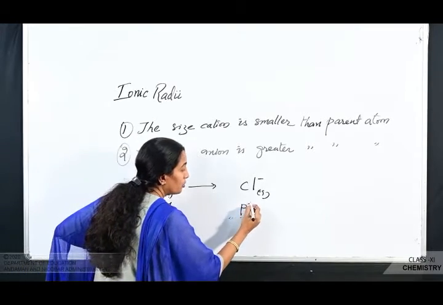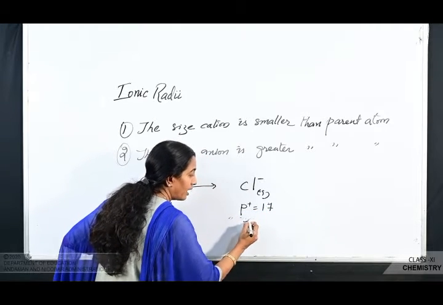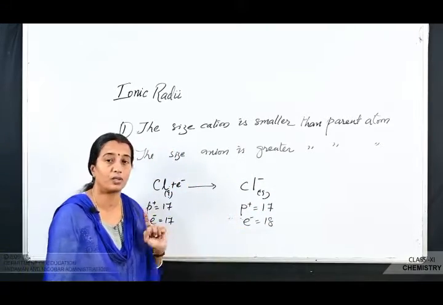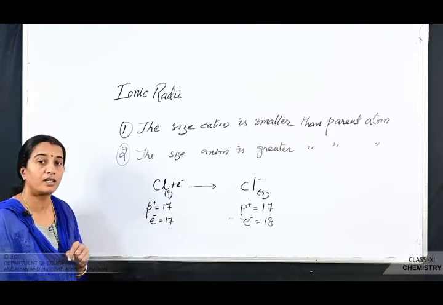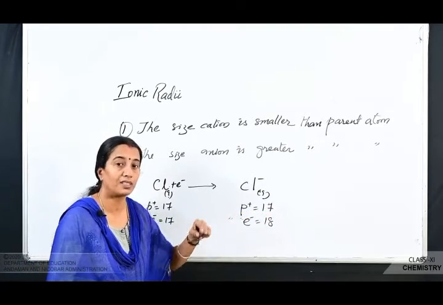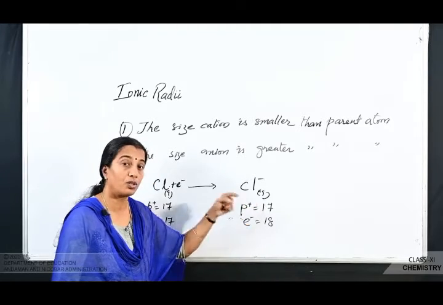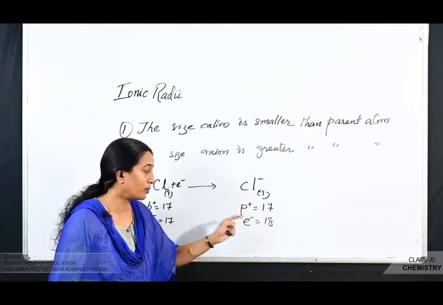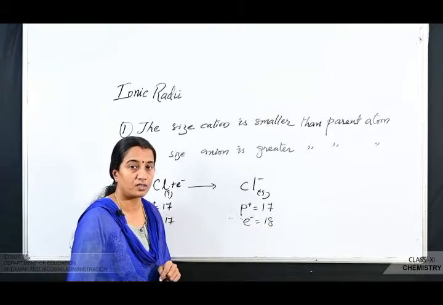The proton number, that means the nuclear charge, remains the same at 17, and the electrons increase because of the minus sign. One electron gained, so the electrons become 18. Earlier 17 protons held 17 electrons, but now the nuclear charge has decreased as compared to the number of electrons. So the effective nuclear charge per electron has decreased. That means earlier one proton held one electron, but here one extra electron is there.